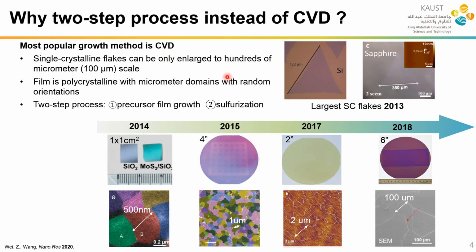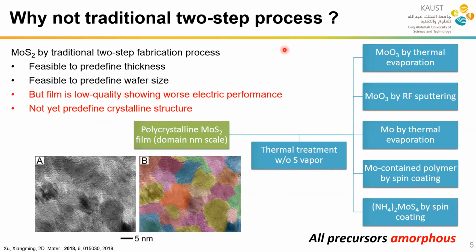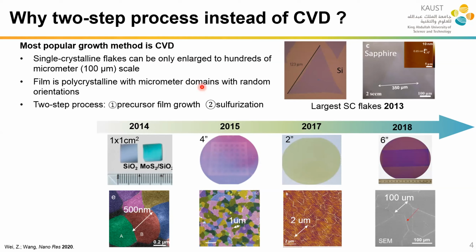That's okay for research purposes, but if we want to scale up the application, it will be a big problem. We cannot really use a single flake to make an industrial product. So we need to enlarge the flake size by either growth or another method.